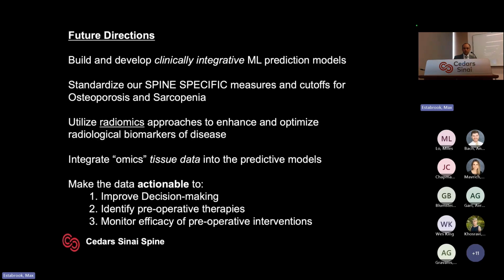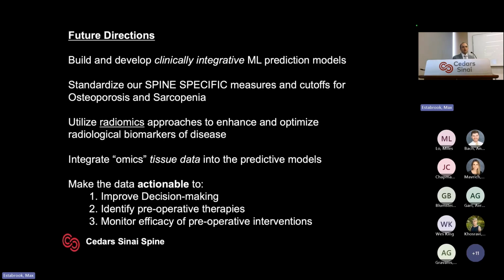So in conclusion, I think that our priority here should be to build and create clinically integrative machine learning models, stuff that we can actually use. We've got to stop just publishing papers that show a difference. We need to take things that we're actually going to be able to implement into our clinic. And we also need to do this for spine-specific outcomes.